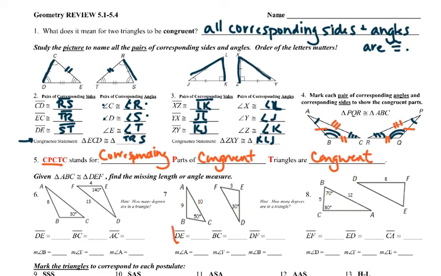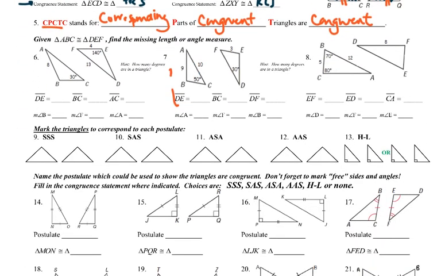So here it's going to ask you to have actual numbers, right? So it says what is DE equal to? So let's see. DE, and I can look up here at the congruent statement that DE matches with AB, so that's got to be 8. And then BC there has to go with EF, so that's got to be 4, 4 and 4. And then the 13 matches the 13.